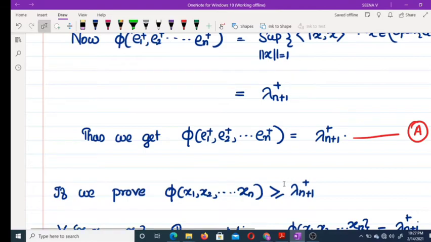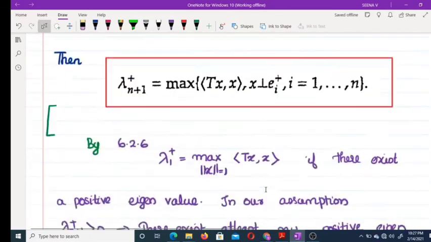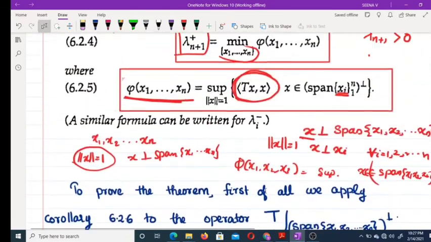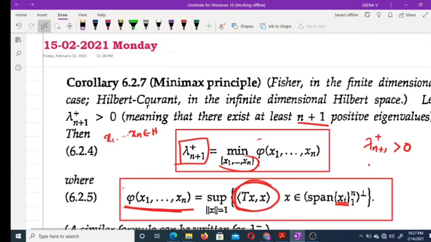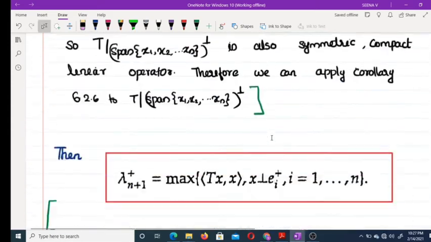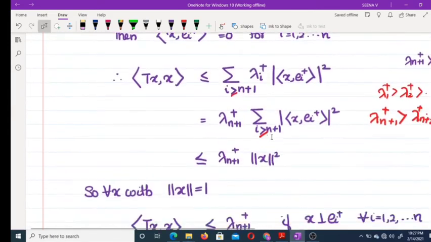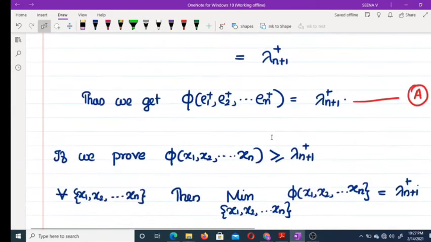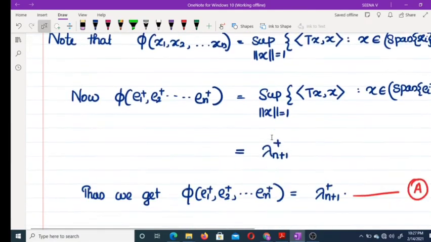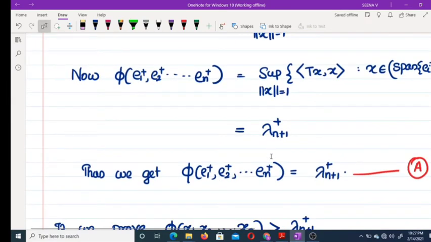Now what we have to prove? Now just look at the statement of the theorem. Here we have to prove the minimum over x1, x2, etc., xn of phi of x1, x2, etc., xn is equal to lambda n plus 1 plus. But now we get phi of e1 plus, e2 plus, etc., en plus is equal to lambda n plus 1 plus.